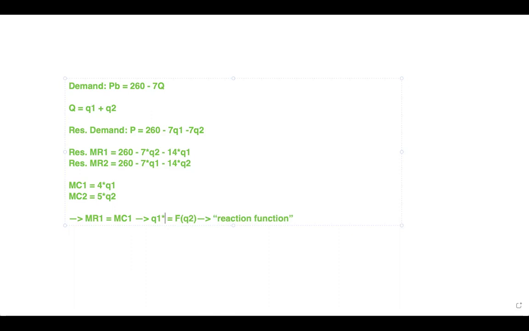But I'll call it Q1 star. That's not an asterisk. That's supposed to mean its optimal quantity, right? And it's dependent explicitly on what the other firm is doing, Q2. You see that? Yes. And whenever that happens, we call that a situation of, and this is what happens in all games, strategic interaction. That's our magic phrase.